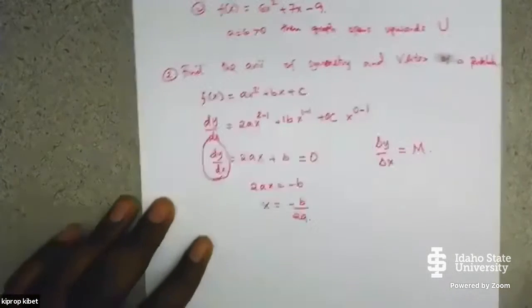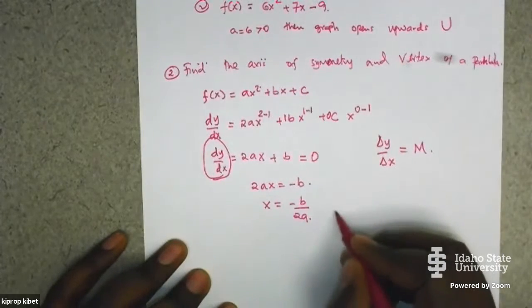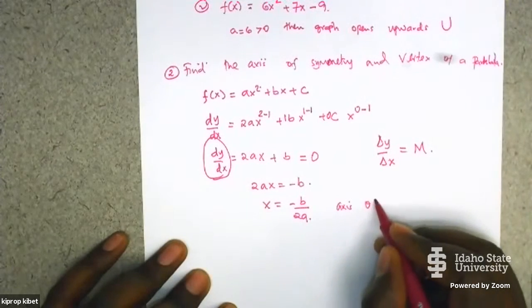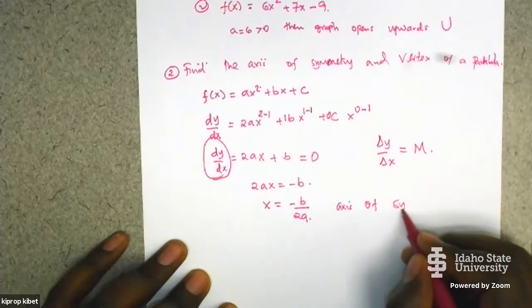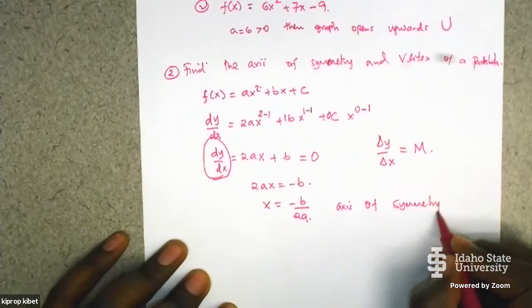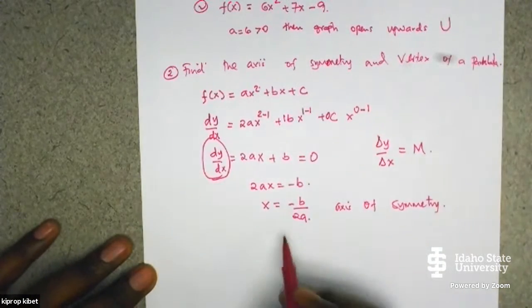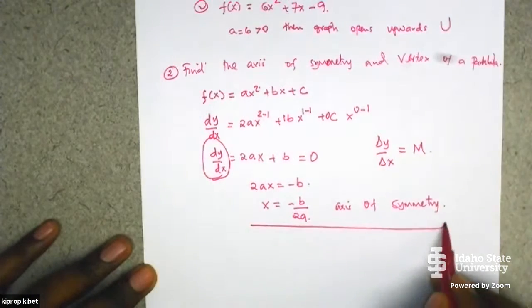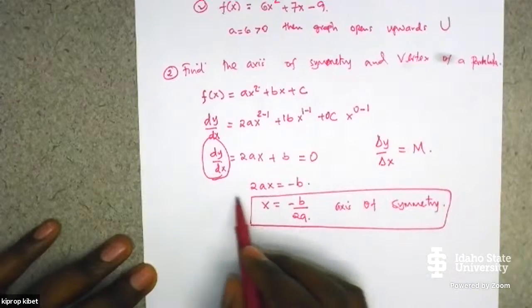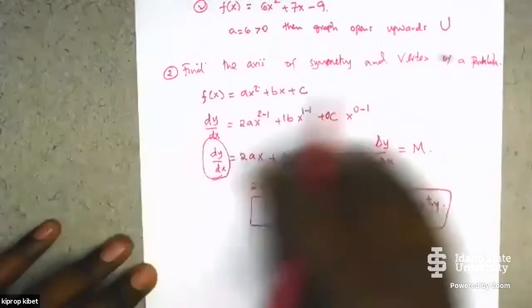And that point is what we call the axis of symmetry. The only thing that you need to remember here is this formula. You don't have to remember this.